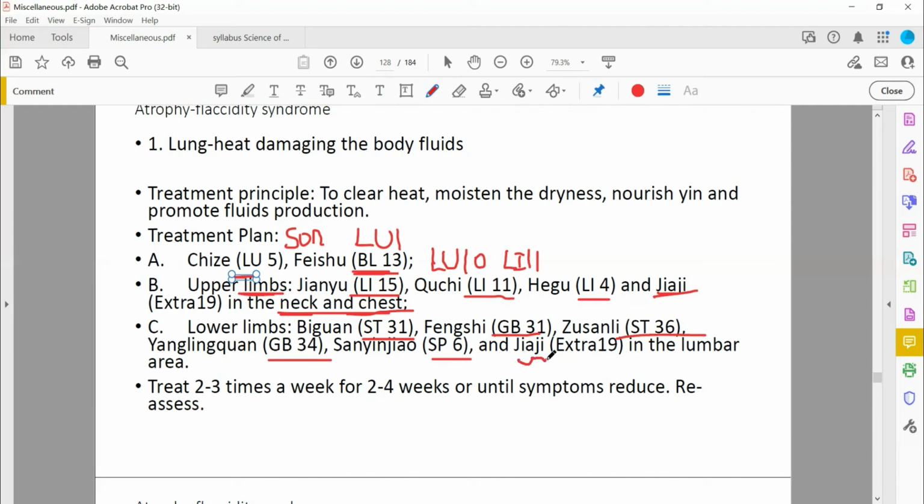Then use 华佗夹脊 points in the lumbar area. The lumbar area is responsible for the legs, the lower limbs.